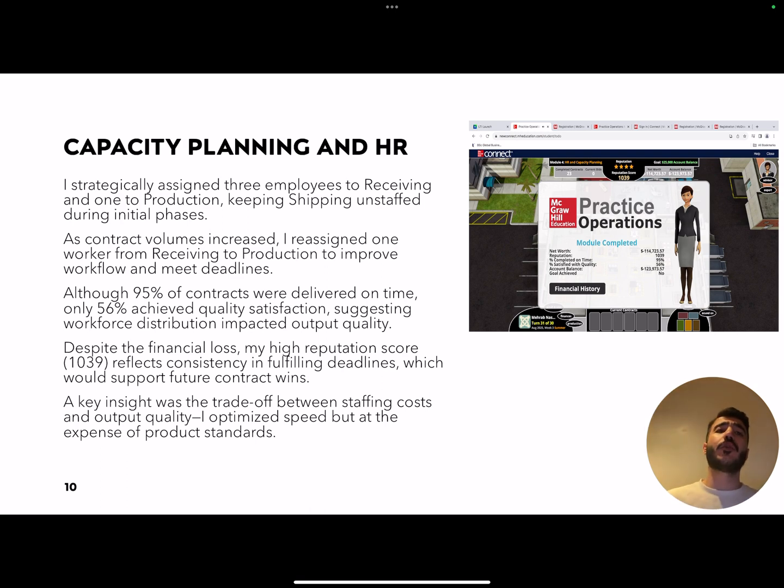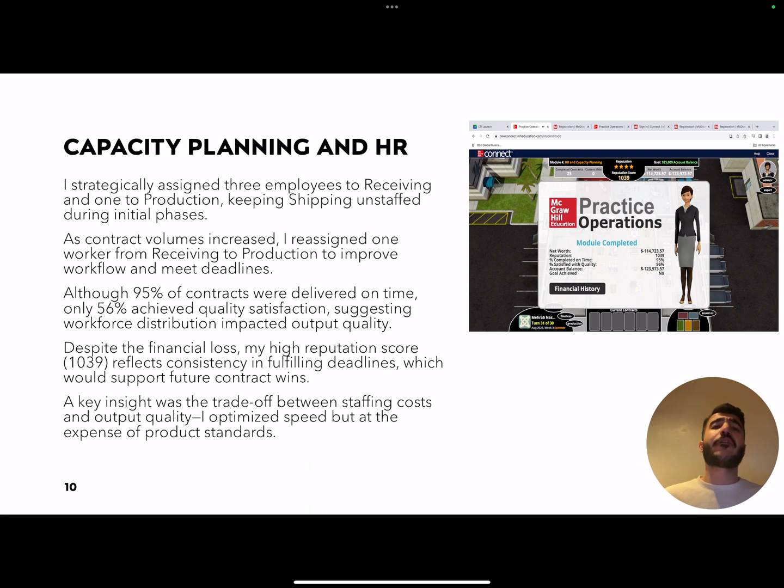So in module 4, which required staffing decisions in production, shipping and receiving, I realized that the receiving department led to material delays, slowing production, so I relocated workers as contracts changed. I improved throughput and avoided downtime. I also used a capacity planning strategy, specifically the capacity leader strategy, preparing resources in advance to meet expected demand.